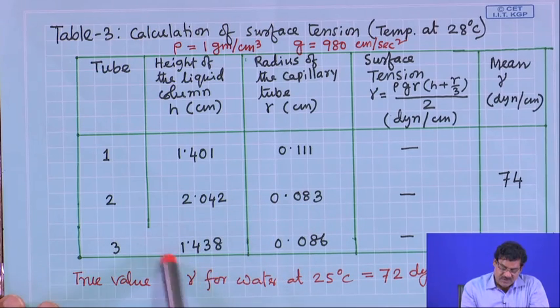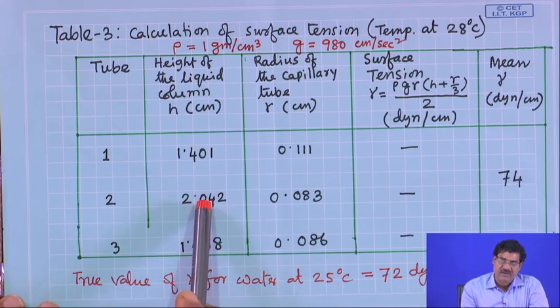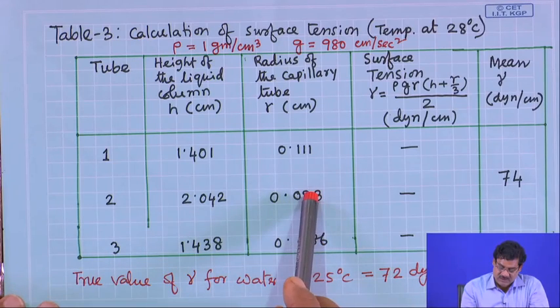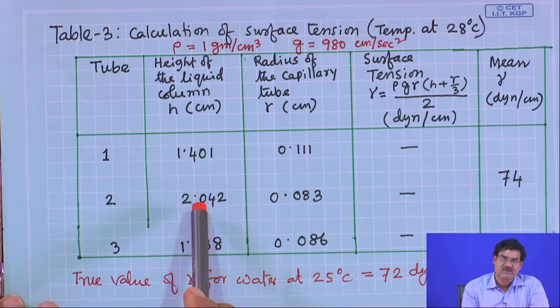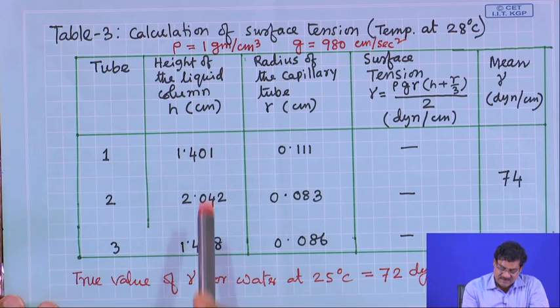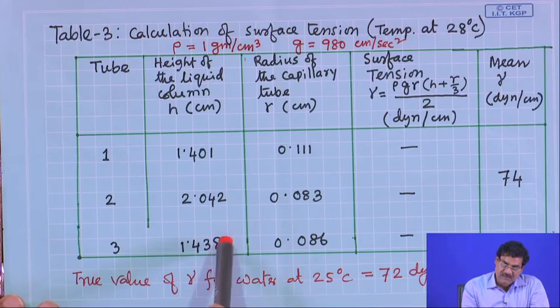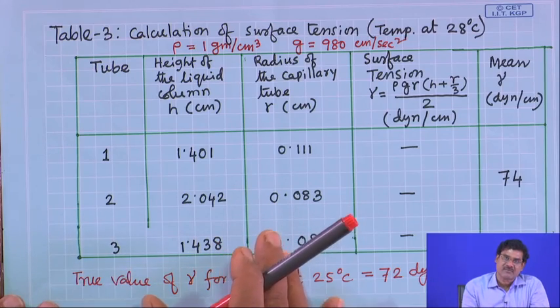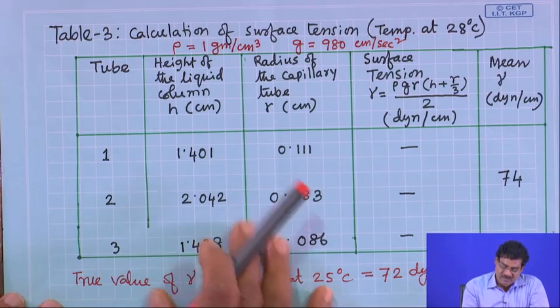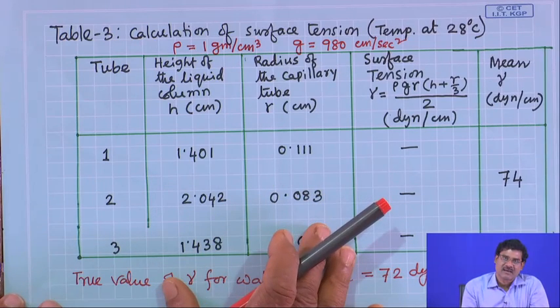So, the water liquid height is supposed to be close to these values, but it looks to us that it is close to this value. Okay. So, something is wrong in the measurement. From here I can tell you, because my student, my TA, has taken this data and calculated.